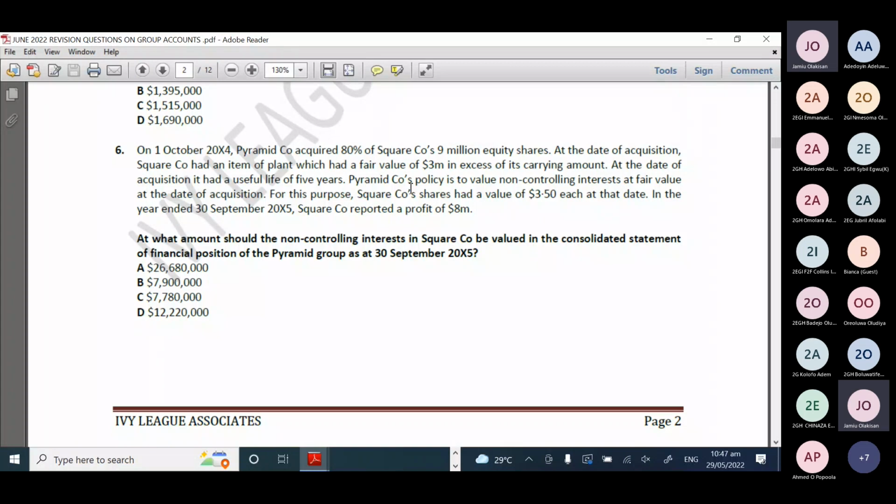Pyramid Co's policy is to value NCI at fair value at the date of acquisition. For this purpose, SquareCo shares had a value of 3.5. In the year ended 30th September 2025, SquareCo reported a profit of 8 million. So post-acquisition retained earnings before any adjustment is 8 million. Do you agree with me?